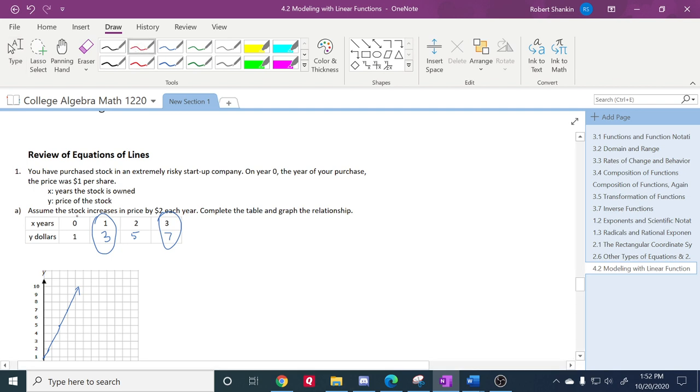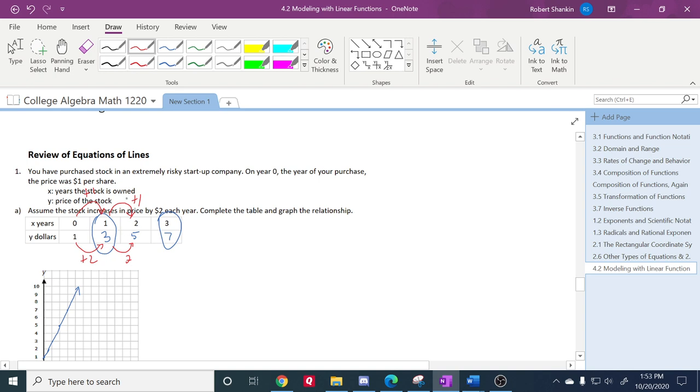Every time the input goes up by 1, the output goes up by 2. Every time this goes up by 1, this goes up by 2. And the ratio, this is called the rise, and this plus 1 is called the run. How much it's increasing each time.